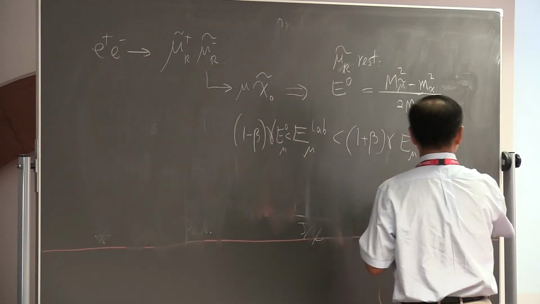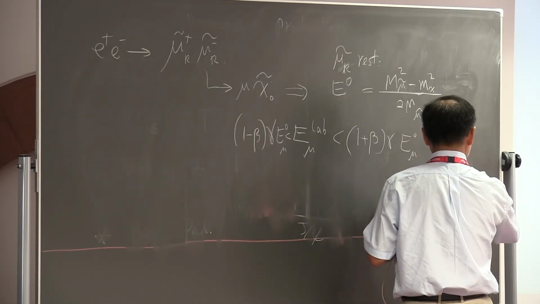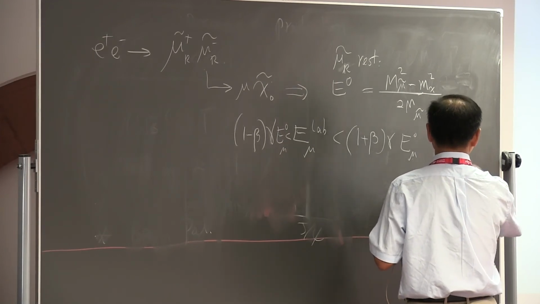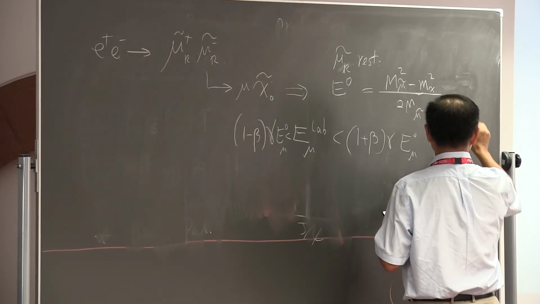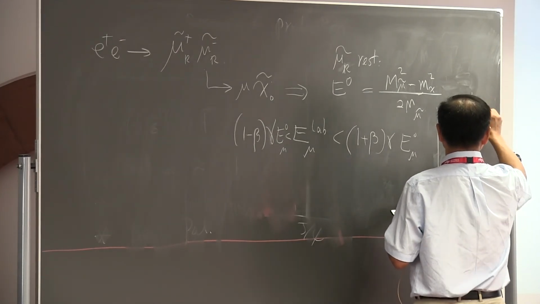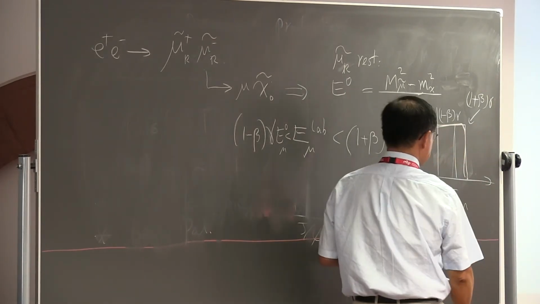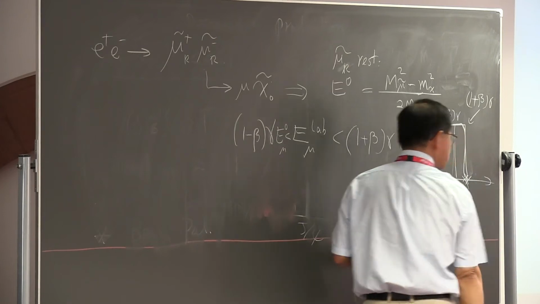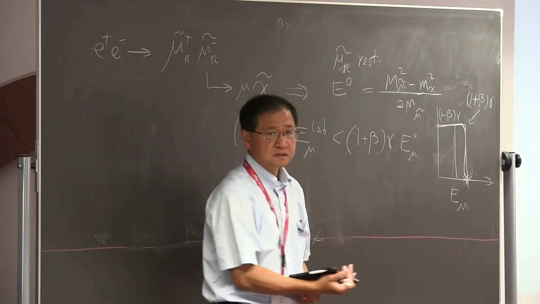So at the very end, instead of a monochromatic muon energy, you have a step function. This is the 1 minus beta gamma boost, and this is the 1 plus beta gamma boost. You have a step function, but this endpoint is simply a function of the kinematics.